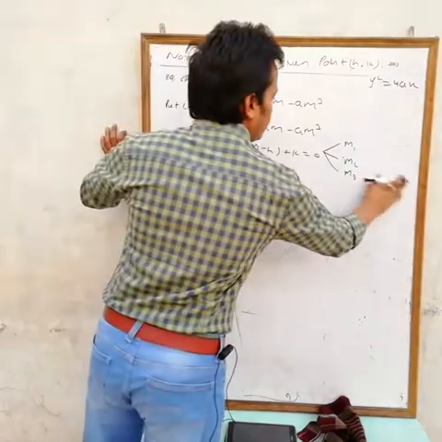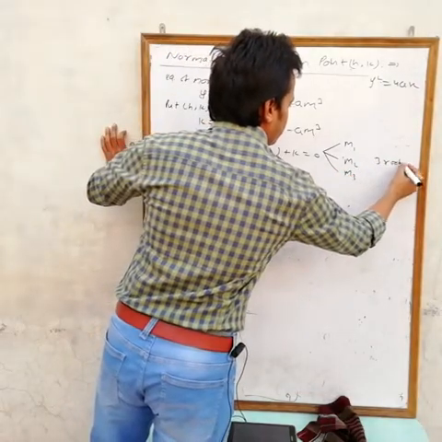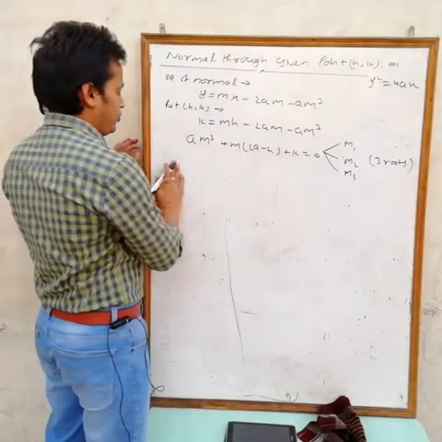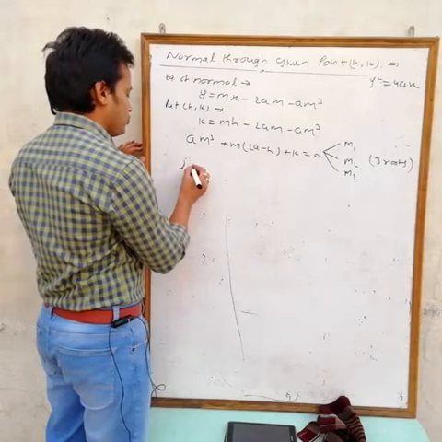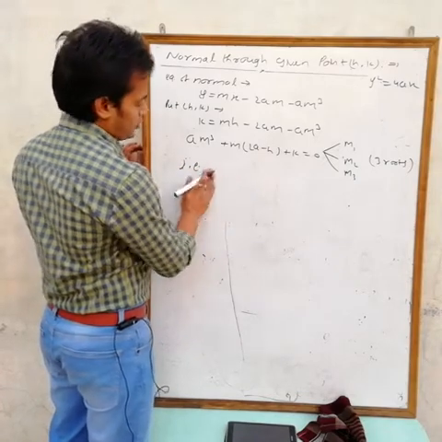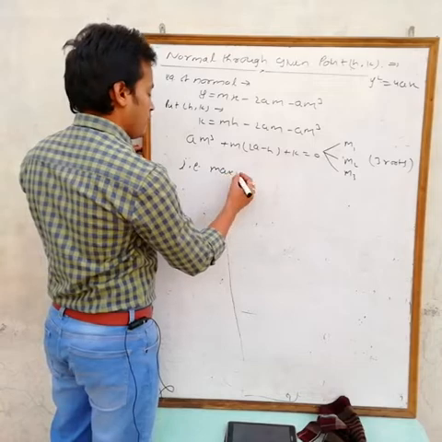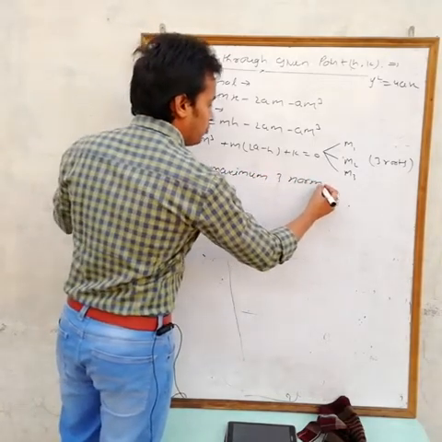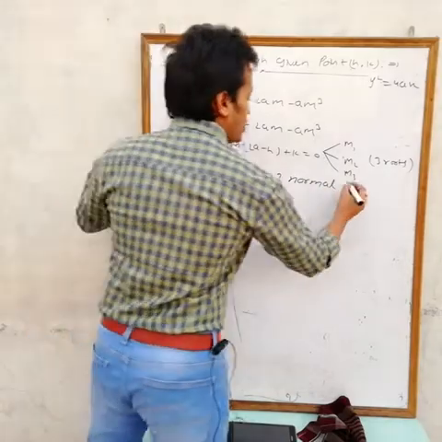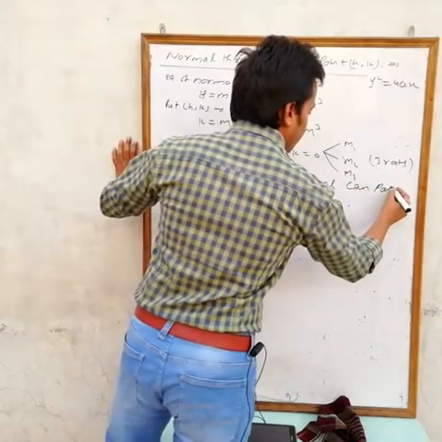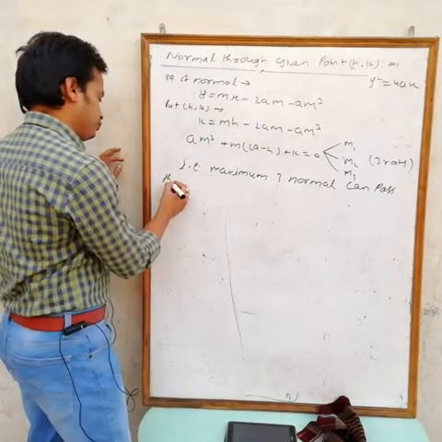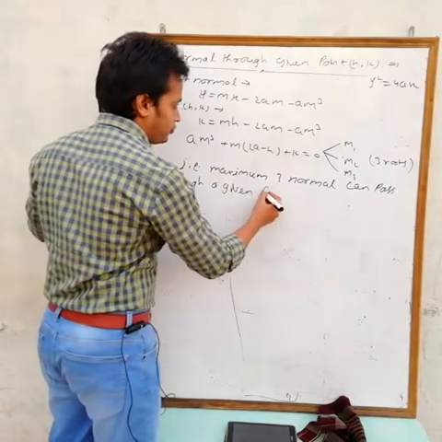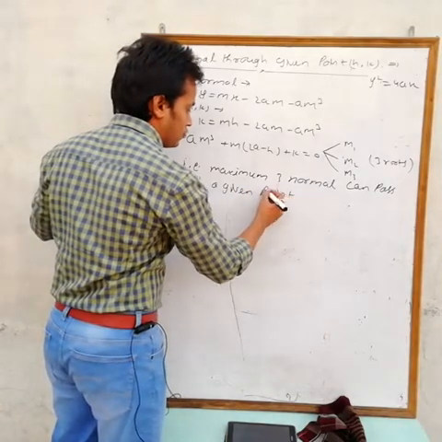So 3 roots, therefore it is maximum 3 normals can pass through a given point.